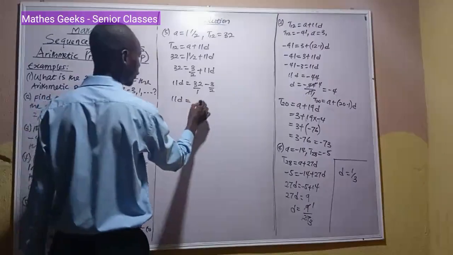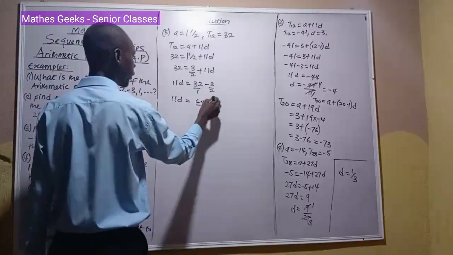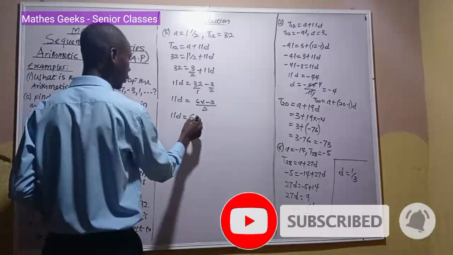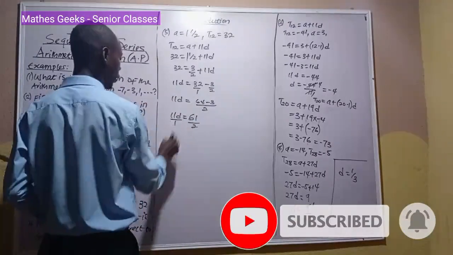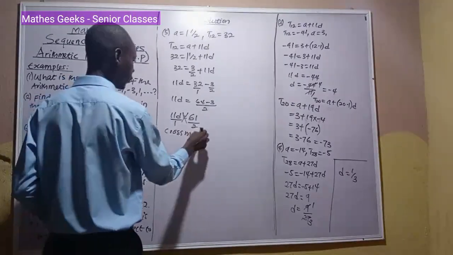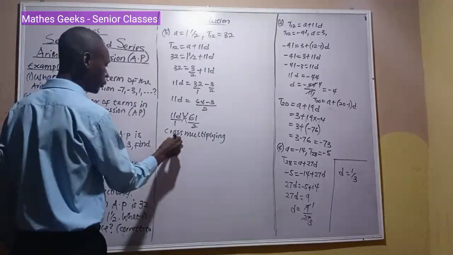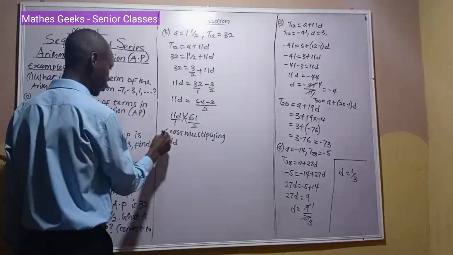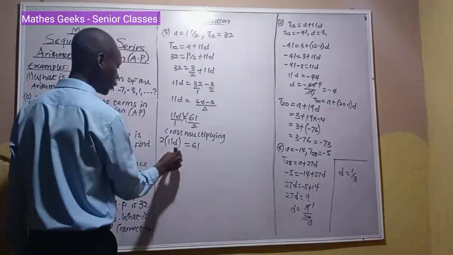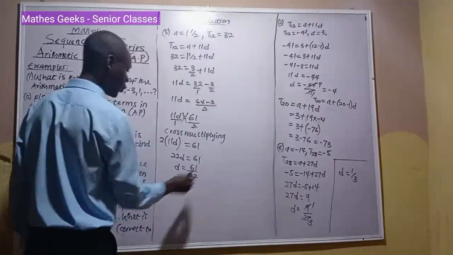The LCM is 2. 2 times 32 is 64, minus 1 gives 63. So 11D is equal to 63 over 2. Then you cross multiply: 2 multiplied by 11D will give us 22D, which is equal to 63. D is equal to 63 over 22.